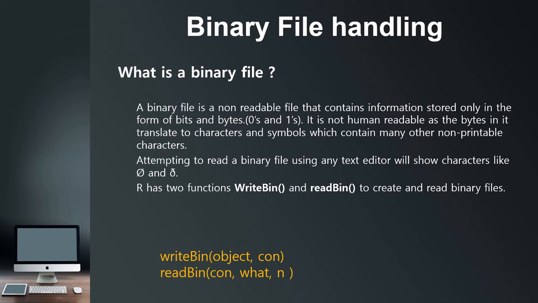Binary files are used for that. R has two functions, one is writeBin and another is readBin, to create and read the binary file. To write, the statement is writeBin(object, con), and readBin(con, what, n).